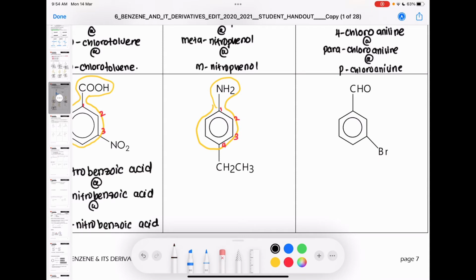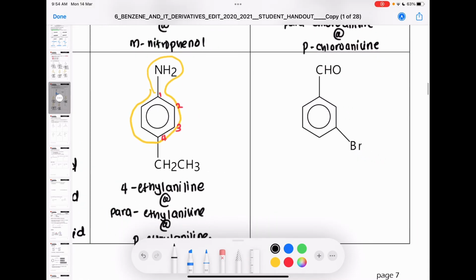And therefore, we are going to name it as 4-ethylaniline or, sorry, not meta, para, because number 4, right? Para-ethylaniline or p-ethylaniline. Okay, that's it.